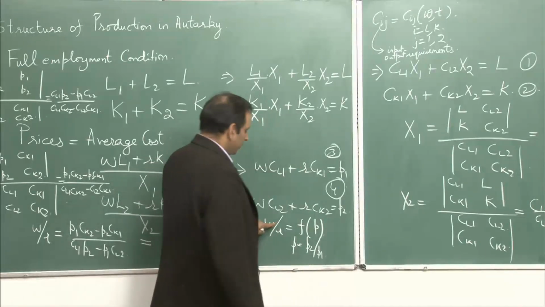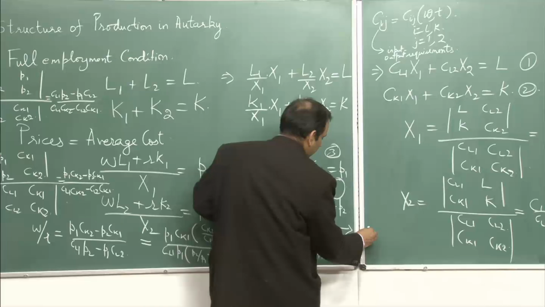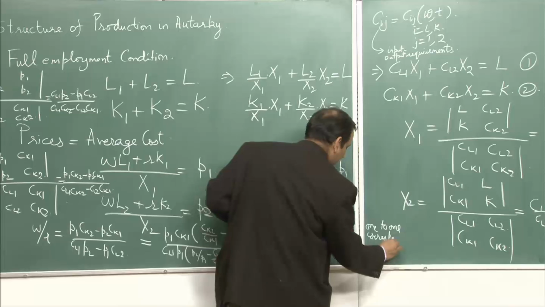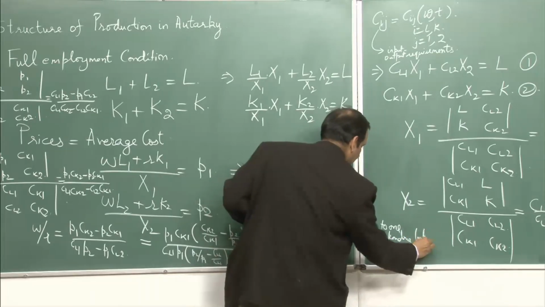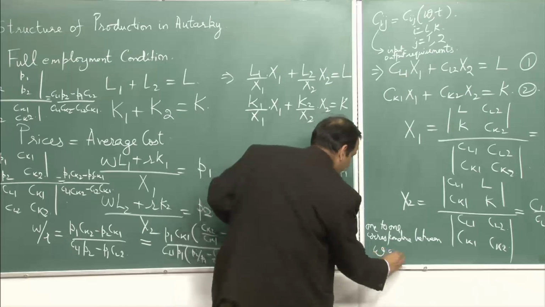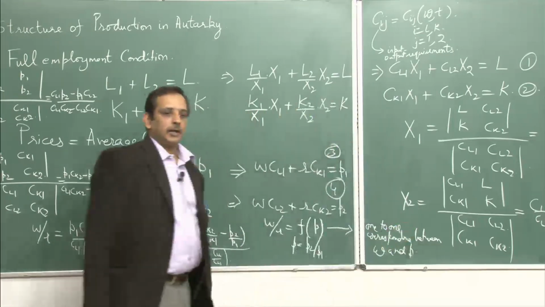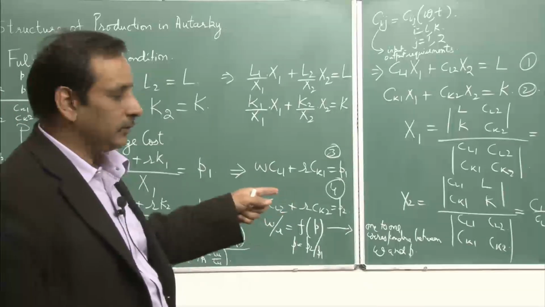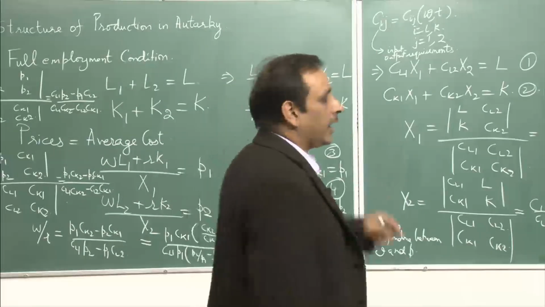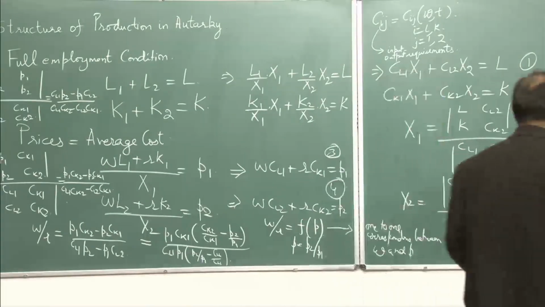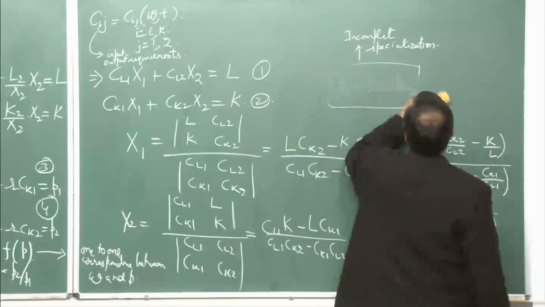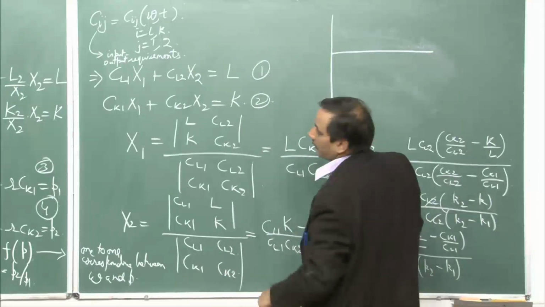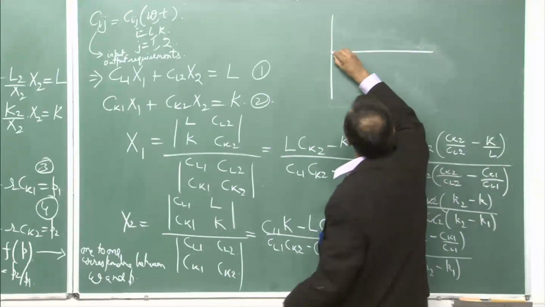So, then there is one-to-one correspondence between omega and P. And when we proved the Heckscher-Ohlin theorem, this was one of the basic assumptions, that there is one-to-one correspondence between omega and P. Please recall the diagram that we made for proving the Heckscher-Ohlin theorem using the factor price definition.